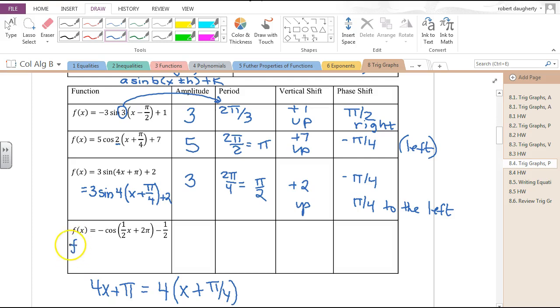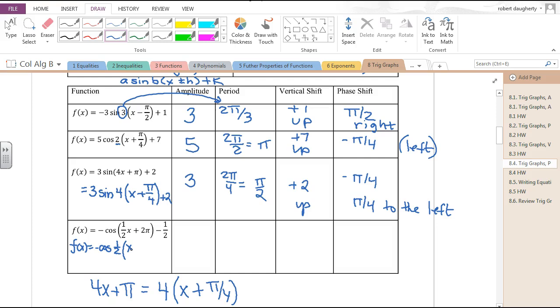I got to do the same thing here. So this is f of x equal negative cosine. Let's factor out the 1/2. What do I multiply 1/2 by to get 1/2 x? X, okay. What do I multiply 1/2 by to get 2 pi?